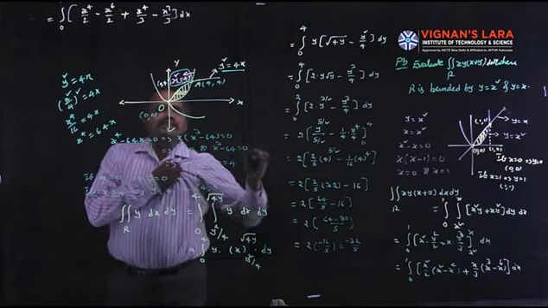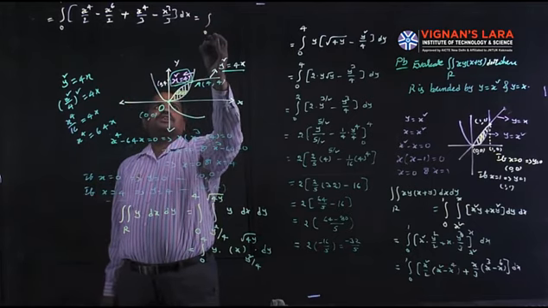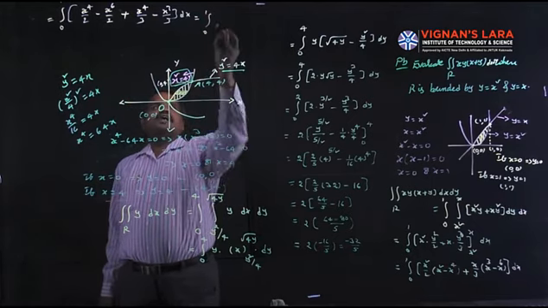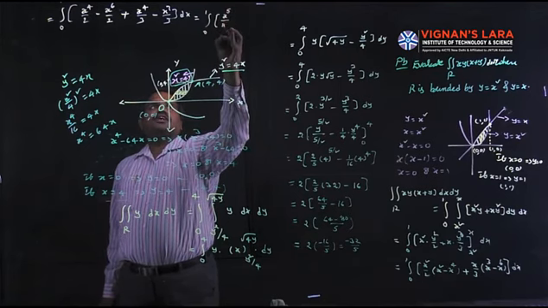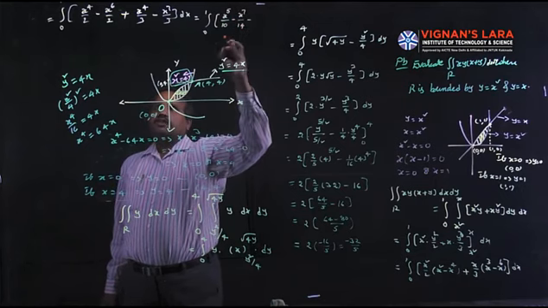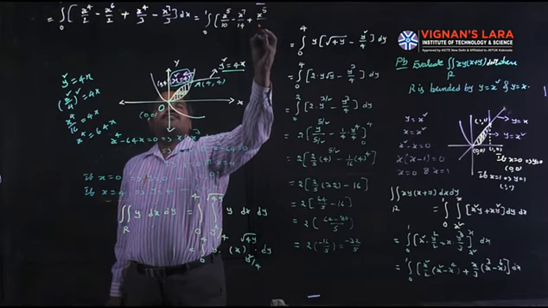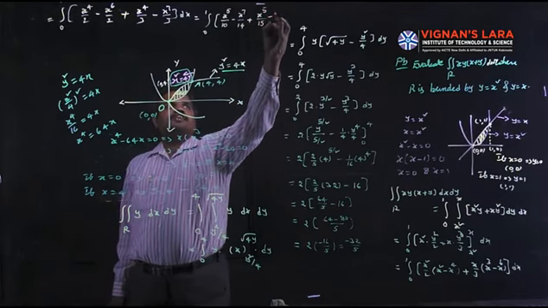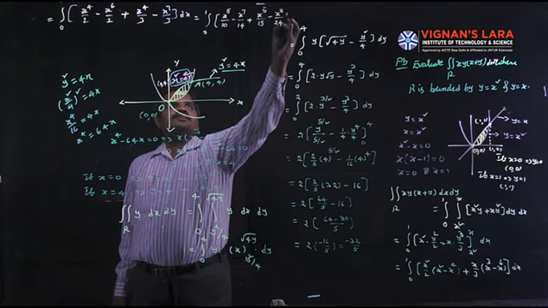Now make integration of this one, from 0 to 1: x⁵ integrates to x⁵/5, 2 fives are 10; x⁷/7, 2 sevens are 14; plus x⁴ integrates to x⁵/5, 3 fives are 15; x⁷ integrates to x⁸/8, 3 eights are 24.